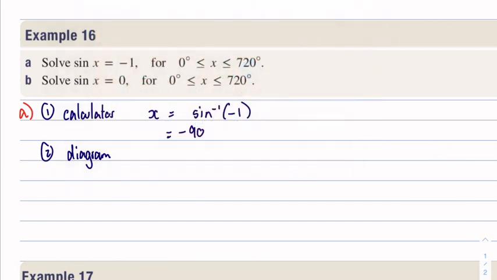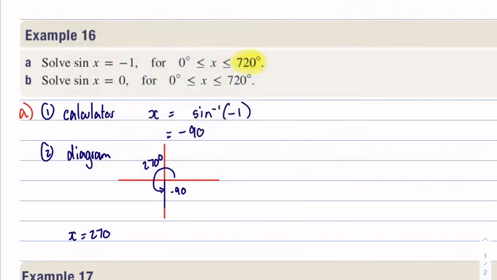So when we do this on our diagram, negative 90 is down here, yeah? So that's 270. So x equals 270, but we're not stopping at 360.